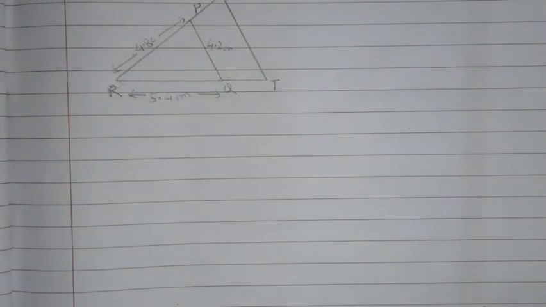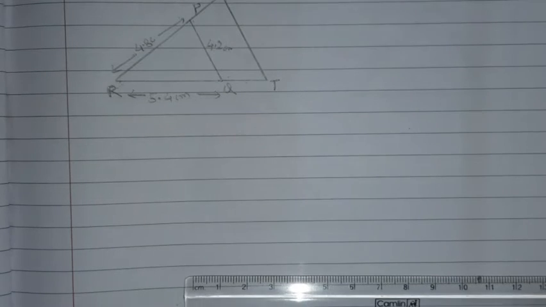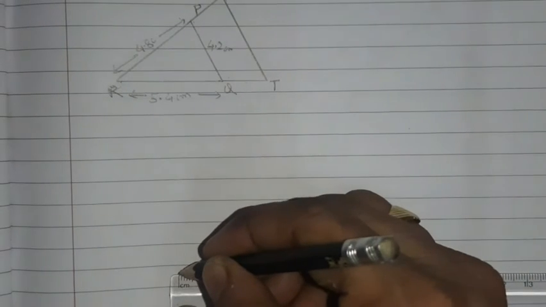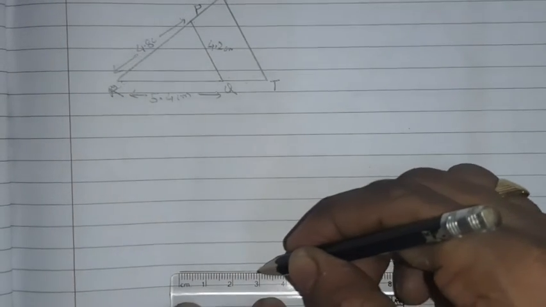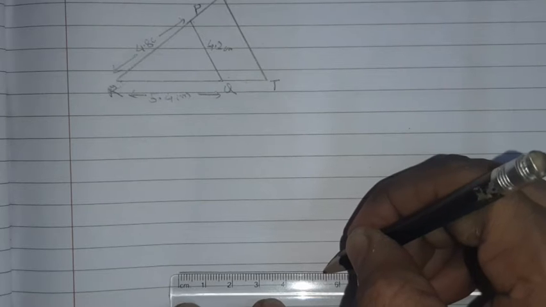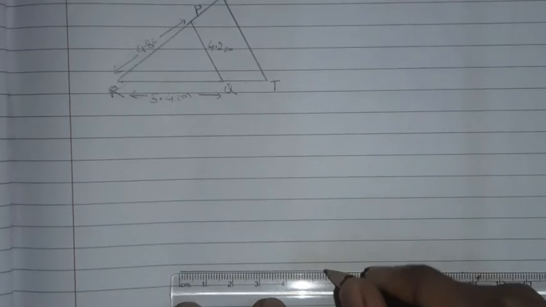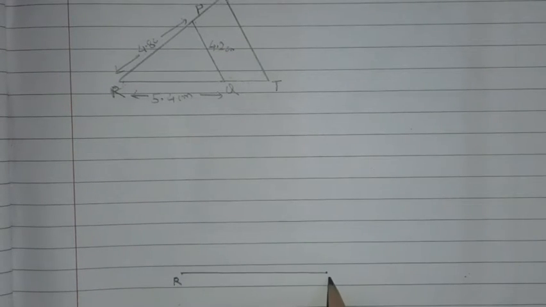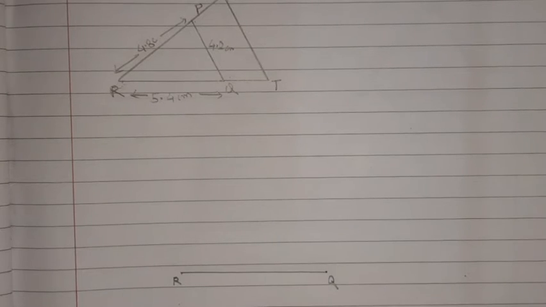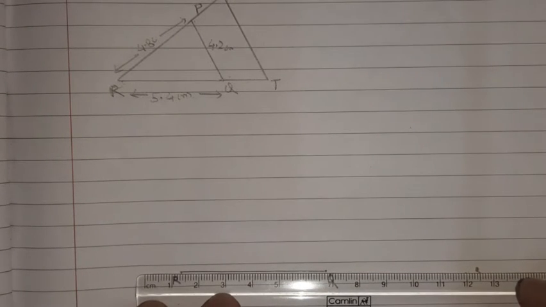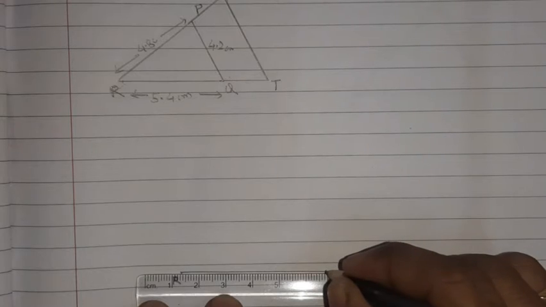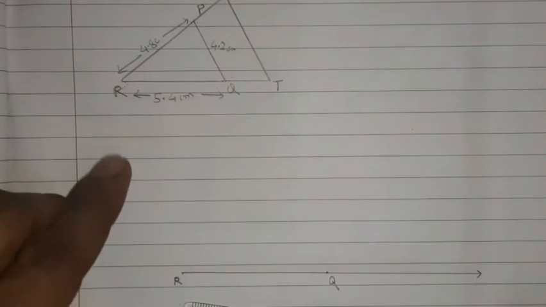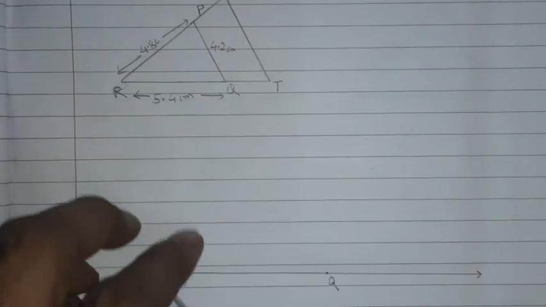First of all, we have to draw QR. It is 5.4. See dear student, it is R, it is Q. We have to extend this further, like this. Now see, PQ is 4.2.